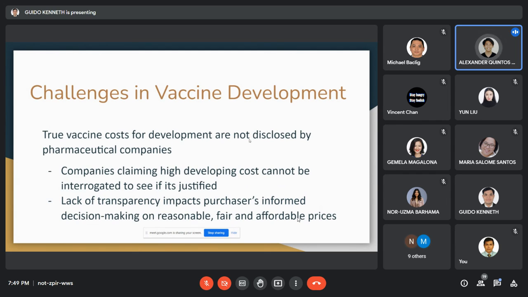There's also this problem. True vaccine development costs are not disclosed by pharmaceutical companies, which is very problematic because sometimes companies claim to have high development costs and cannot be interrogated on whether it is justified. This lack of transparency will impact the purchaser's informed decision making on reasonable, fair, and affordable prices.